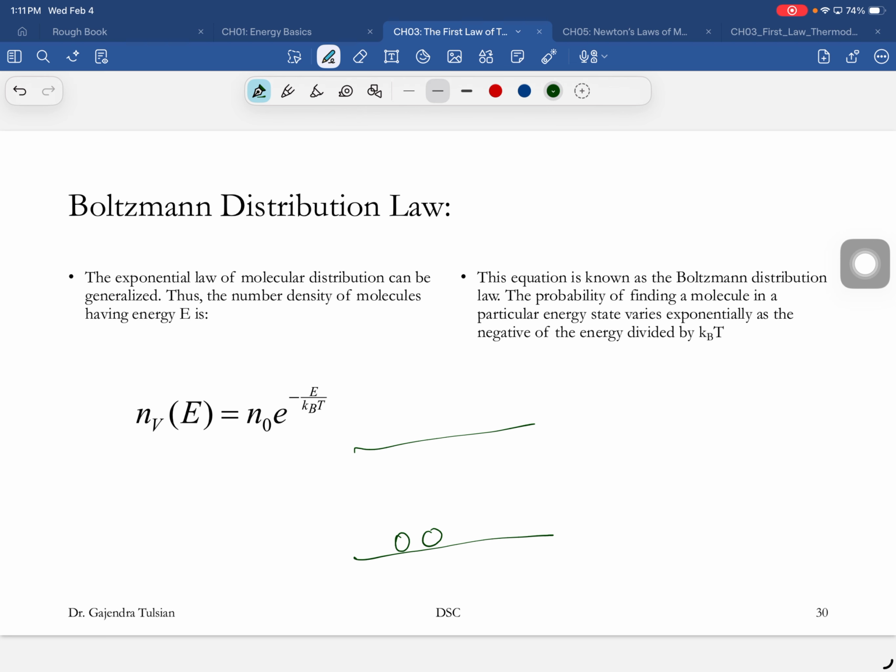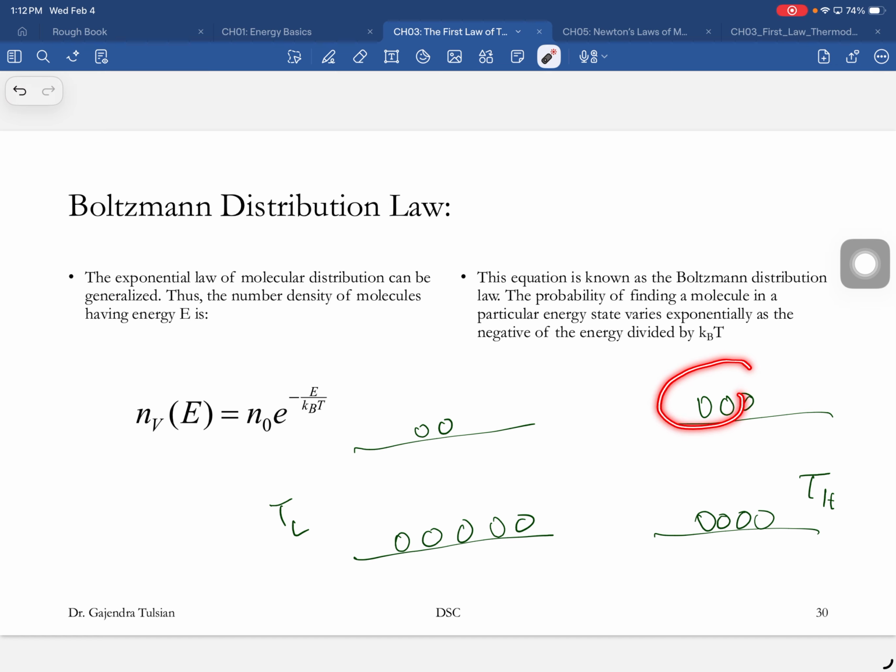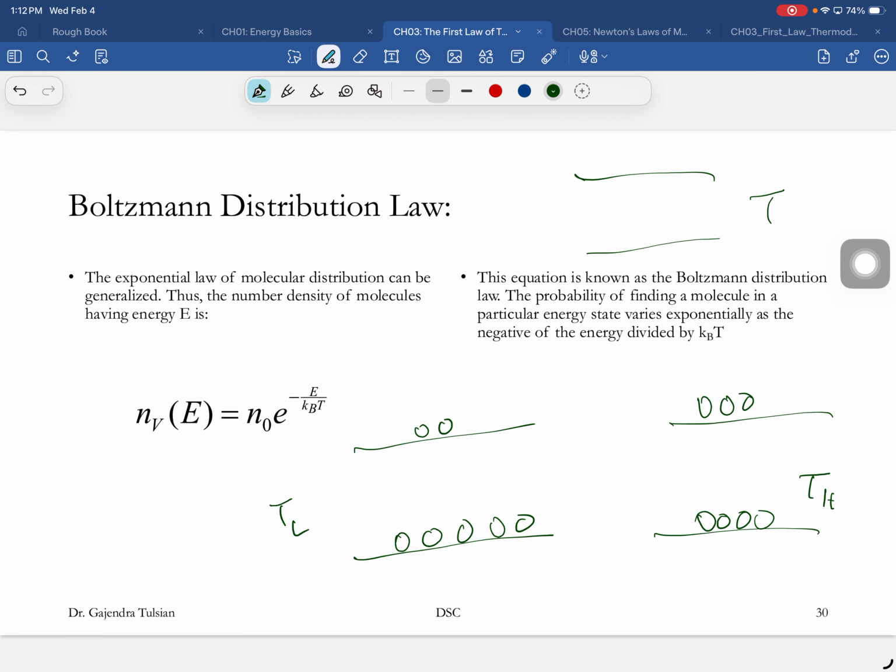At low temperature you'll have more molecules here, and at a higher temperature you would excite more molecules there, so there'll be more molecules in the excited state. At infinite temperature, you'll have an equal number of molecules in all the states.